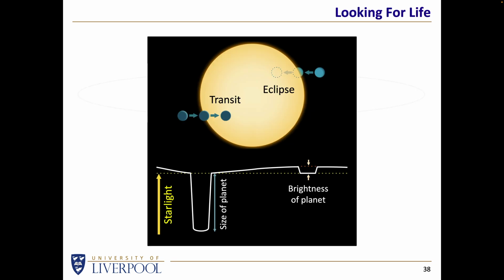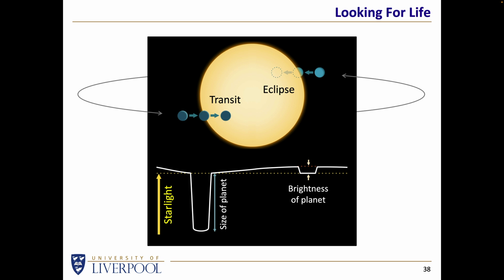Let me finish with the idea of, if there are exoplanets out there, how might we go about looking for life on them? Well, remember, with transits, a planet might go in front of the star and might go behind the star, if we're lucky enough to be lined up with its orbit.